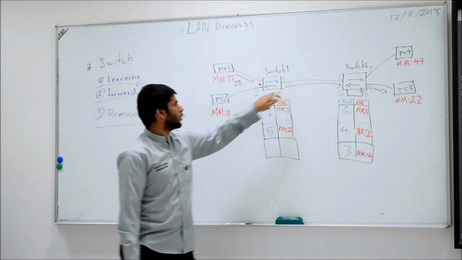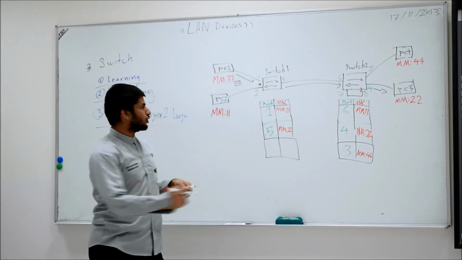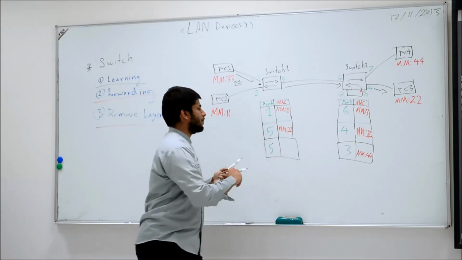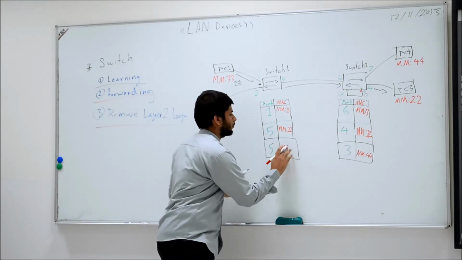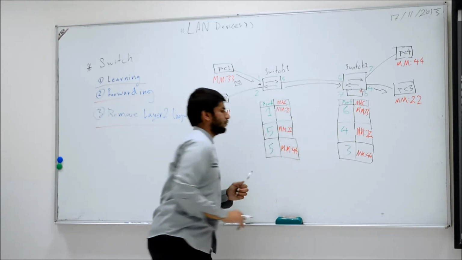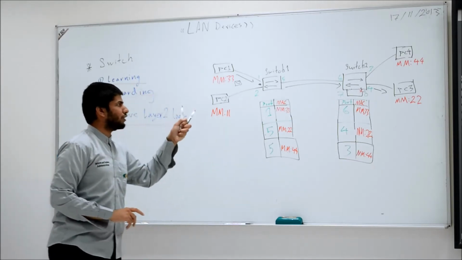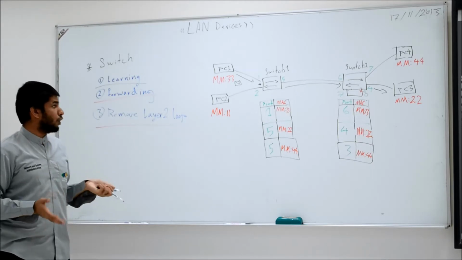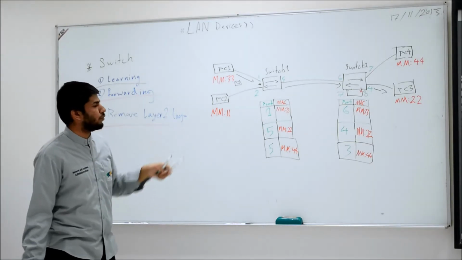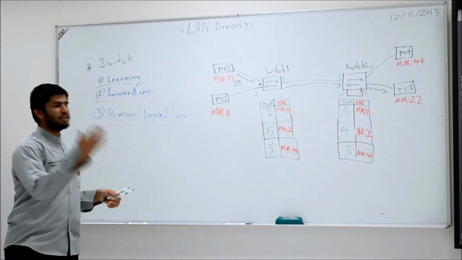It will send to switch 1, so switch 2 will flood and switch 1 will learn. We have port 5, MM4. Is that clear? So when it gets to switch 1, switch 1 will already know the PC, and we have it at switch 2, so it will forward it. So we use the second function of the switch, we send it directly.